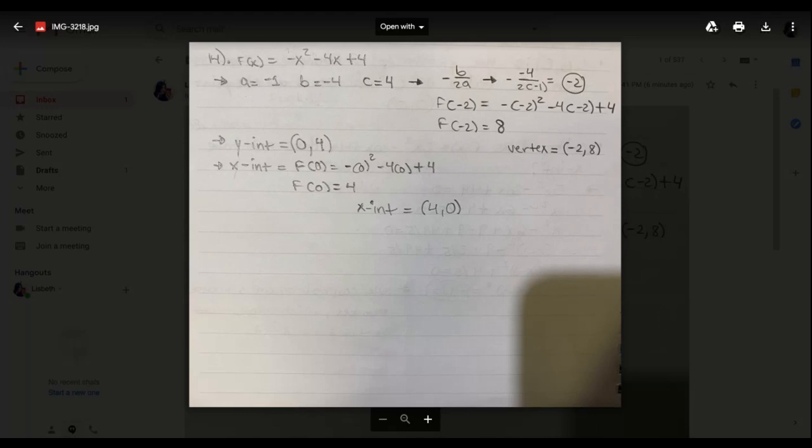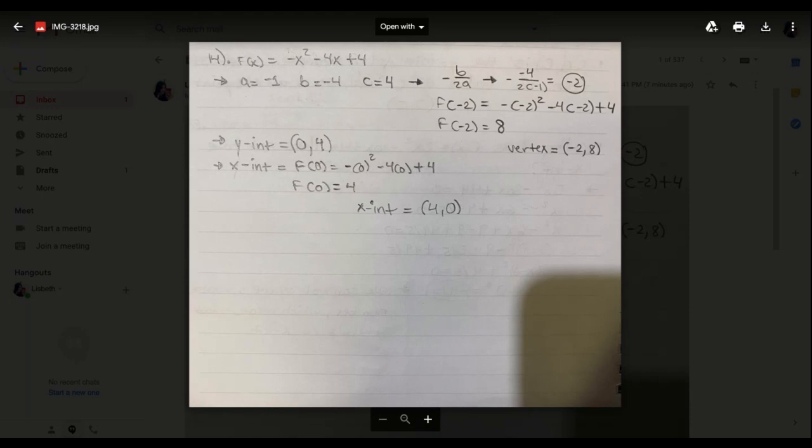This is not factorable, so let's complete the square: x squared plus 4x plus 4 minus 8, because plus 4 minus 8 is still minus 4.